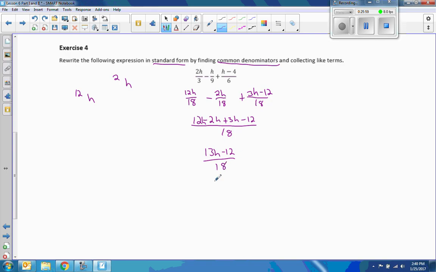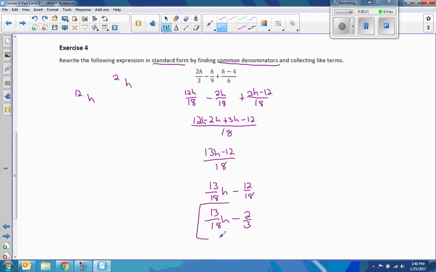Okay, now I can split the 18 back up and say it's 13 over 18h minus 12 over 18. And that comes out to be 13 over 18h minus 2/3. Okay, and that's the final answer.